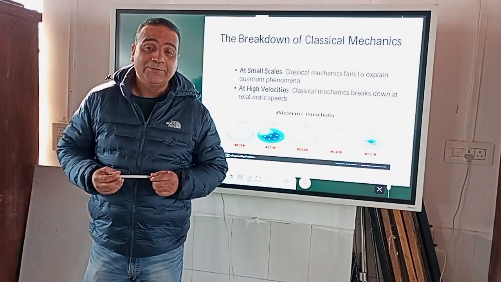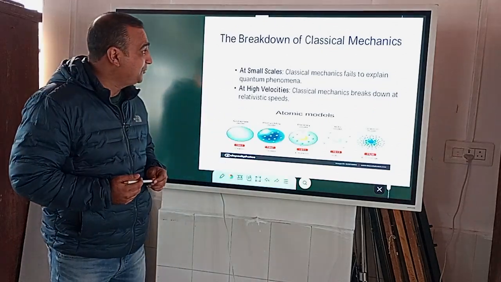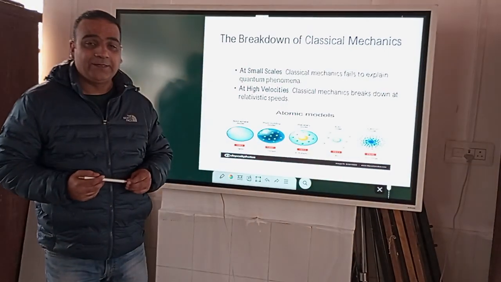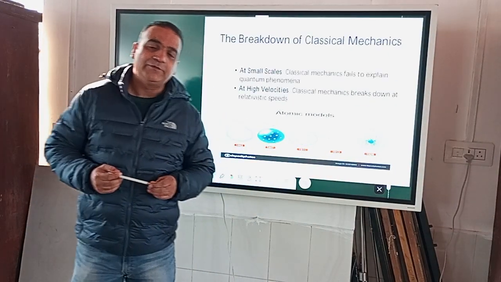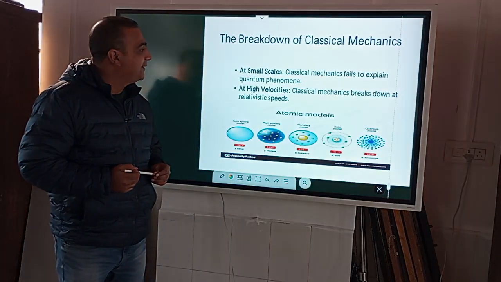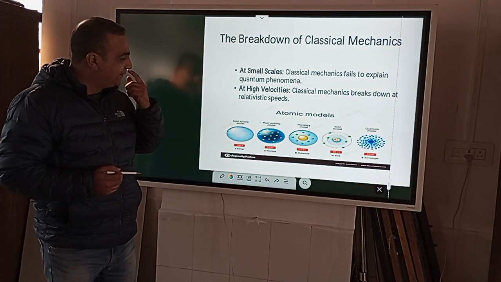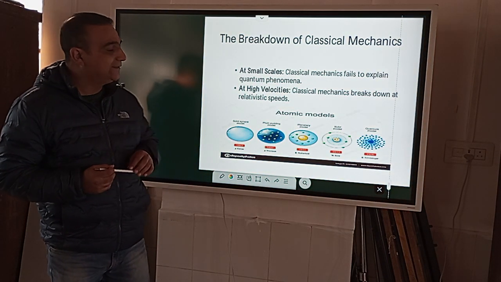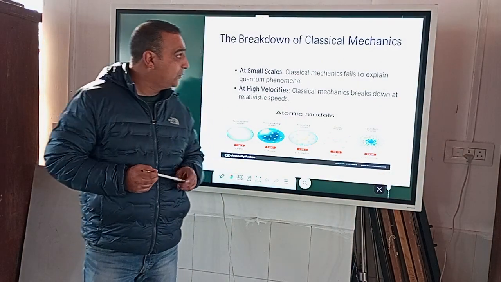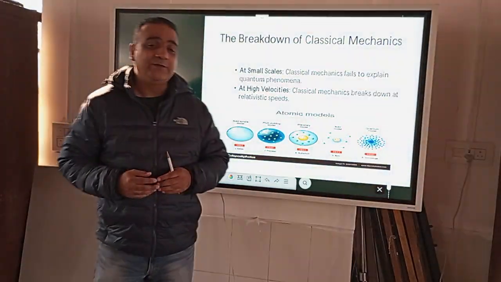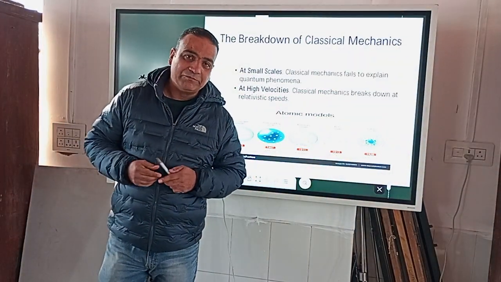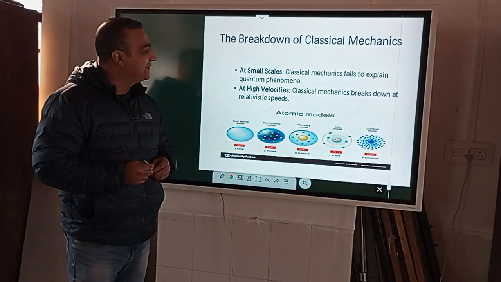And now I would like to continue my discussion on the philosophical foundation of quantum mechanics. I think this was the last slide in the previous video, where we were talking about the breaking down of classical mechanics.